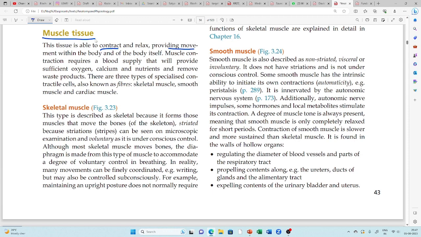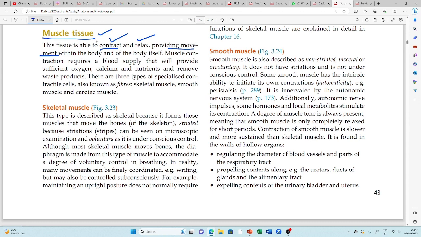It provides movement. Because of muscle tissue only we are able to walk, bend our body, twist our body, and turn to the back side, front side, sideways. Everything is possible because of the presence of muscle tissue only. That's why we say this tissue can contract and relax.